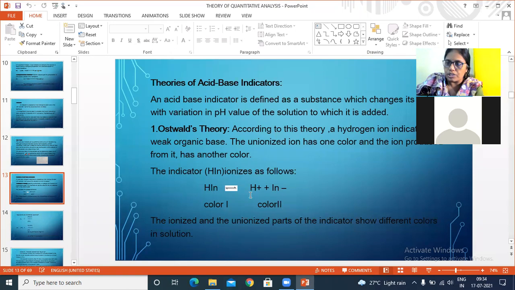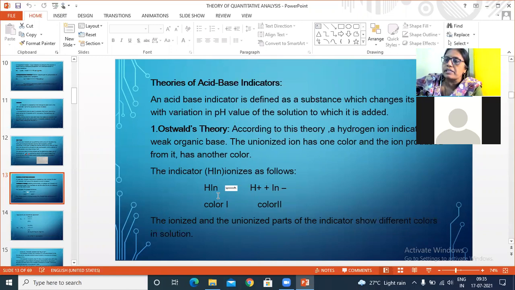So if it undergoes dissociation, for example, HIN is an indicator, which we have to treat as basically a weak acid, giving H plus ions and IN minus ions. In acidic medium, H plus ions are expected from the HIN indicator, and at the same time, in the presence of HCl or sulfuric acid, H plus ions from the acid.